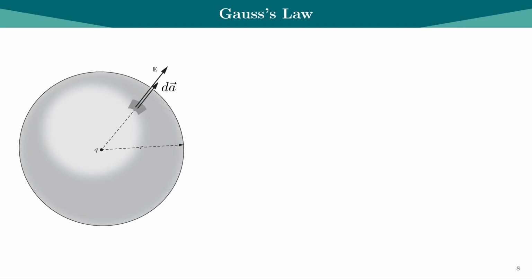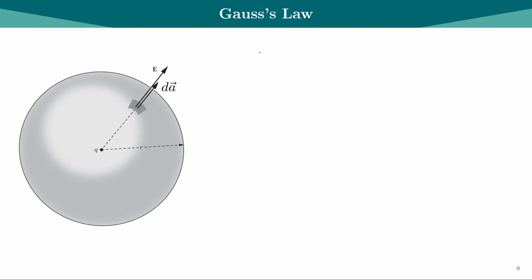Gauss's law is an important theorem in electrostatics. To understand Gauss's theorem, let us consider an isolated point charge Q and an imaginary sphere of radius R centered on the point charge.